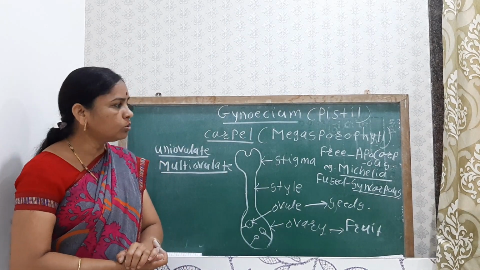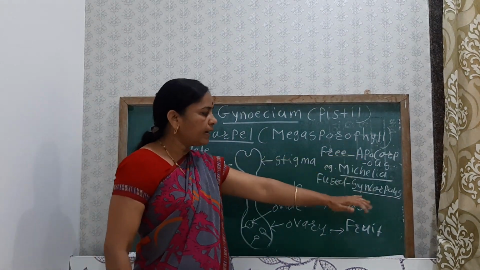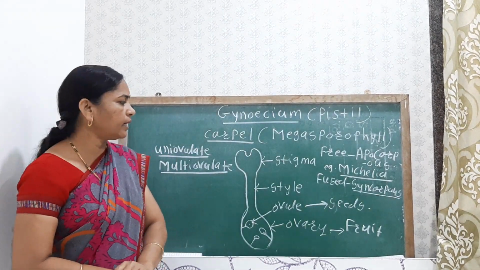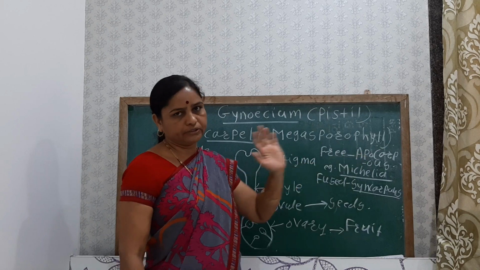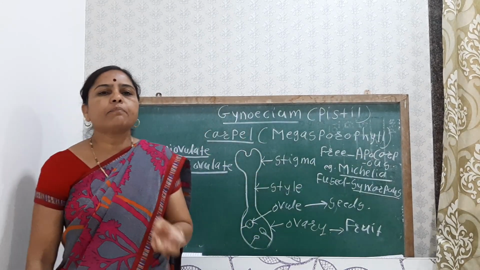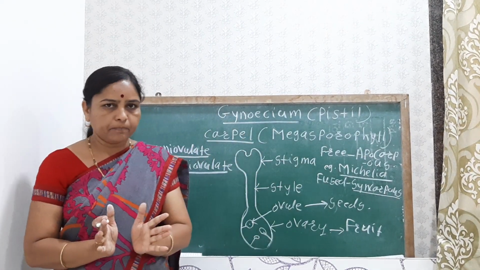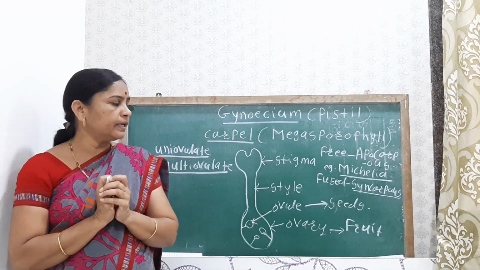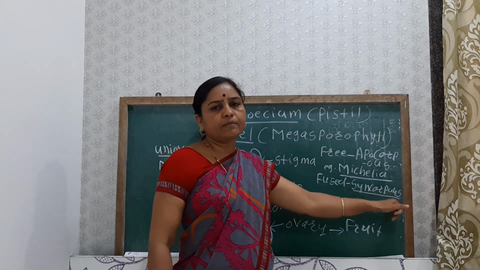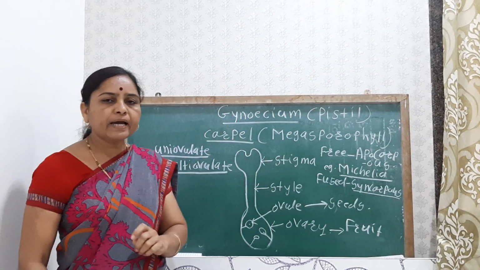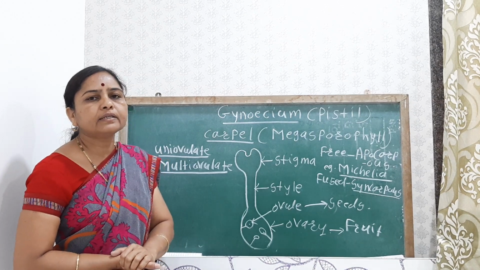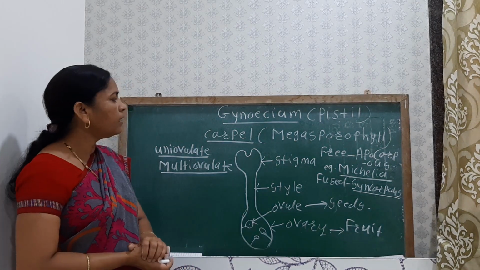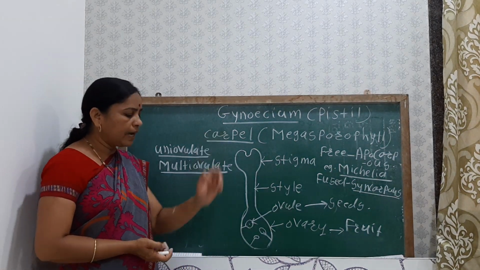So there are two conditions, apocarpous and syncarpous, and you have to remember them with examples. Apocarpous means the carpels are free from each other. If the carpels are fused, this is the syncarpous condition, which mainly occurs in brinjal. So this is about the female reproductive part, the gynoecium.